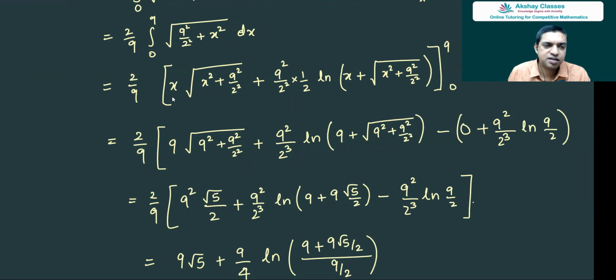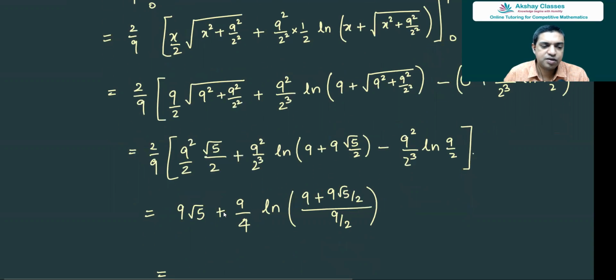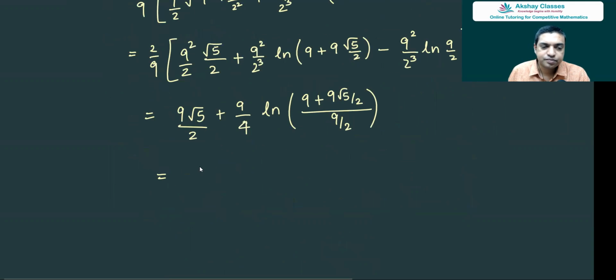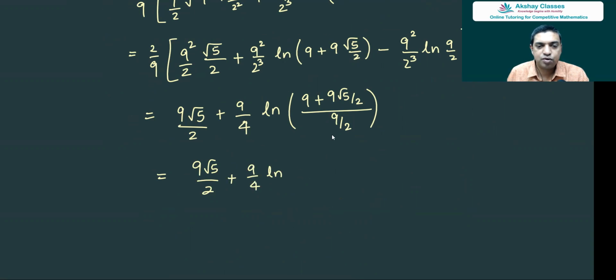I'm sorry, this is x by 2. So there is a 1 by 2 term here. So yeah, 9 root 5 by 2 plus 9 by 4 times log of, multiply by 2 here and take 9 out. So 9 by 2 gets cancelled. You get 2 plus root 5. This is the length.